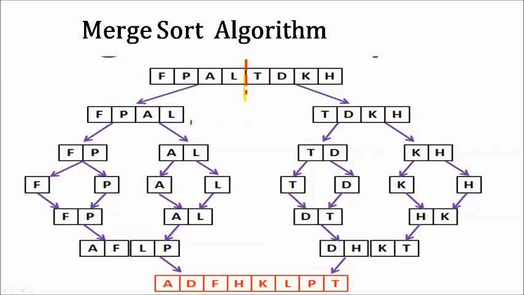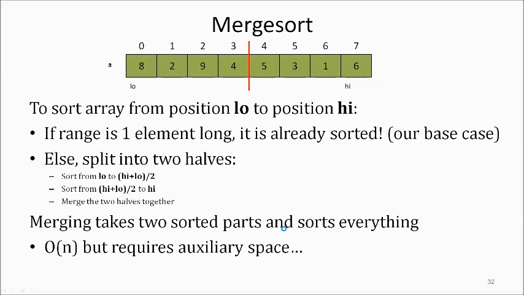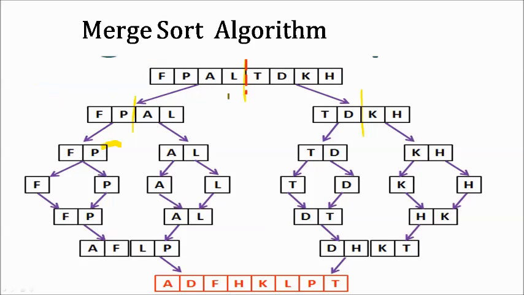Next, we have to split again. We're going to split the FPAL into 2 and the TDKH. So we arrive at FP and AL.